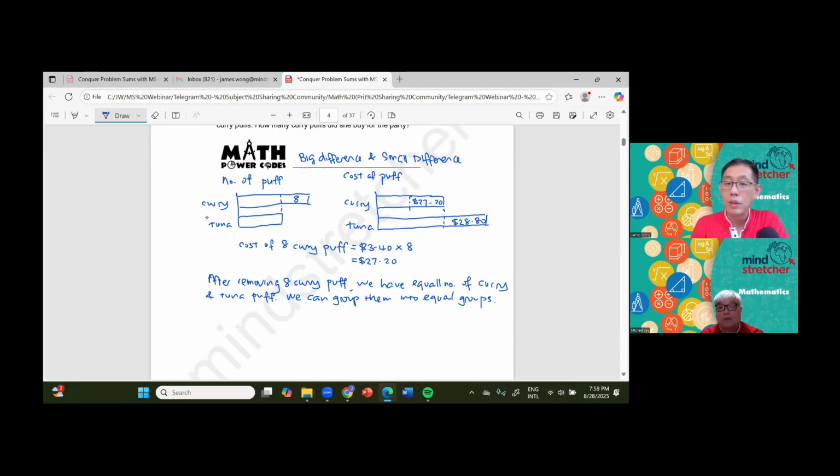If I were to buy an equal number of curry puff and tuna puff, the difference in the amount she paid will be this $27.20 plus the $28.80, right? These two add up together to be the total difference in cost if she were to buy an equal number of curry puff and tuna puff.